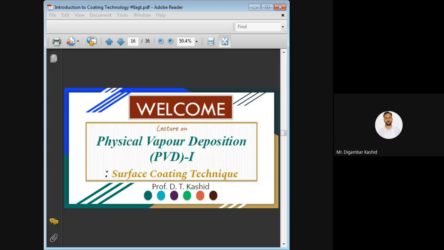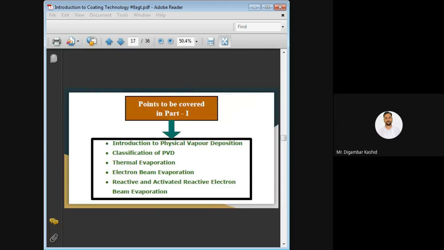So first, before starting, let us know what this PVD, physical vapor deposition, is. You can call it a technique or a method. Now this entire topic I have divided into two parts. In part one, we are going to discuss the introduction to physical vapor deposition.